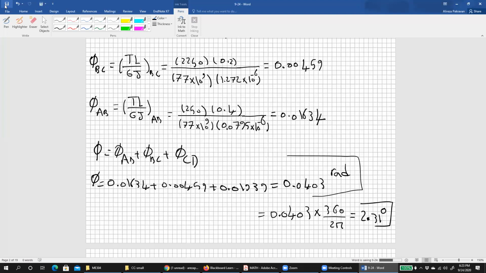We already have shear stress based on the torque, tau equals TR over J. In the last lecture, tau allowable was given, and then you find the torque. Now let's solve a similar problem.